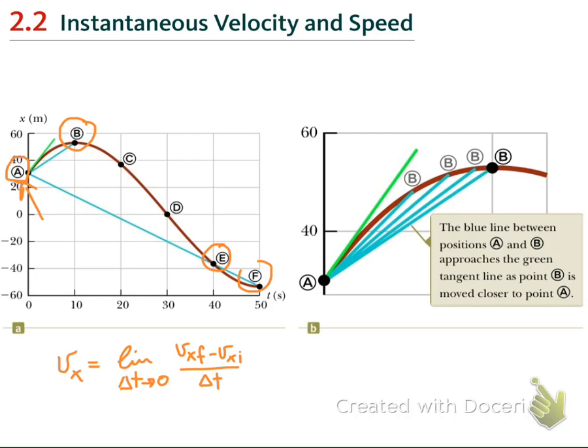So if we want to calculate the instantaneous velocity at this point A, and if we zoom this area to the second graph, this is the point A.